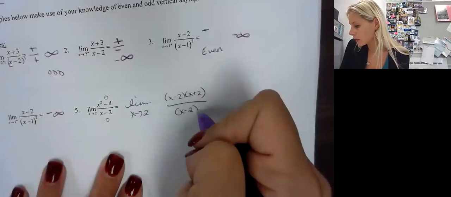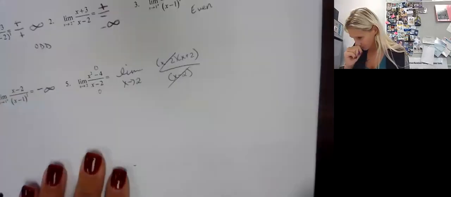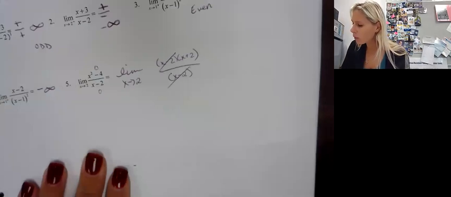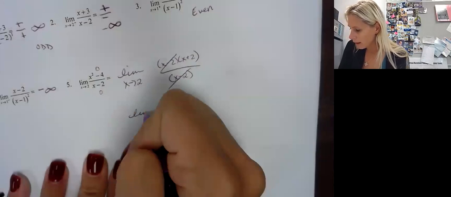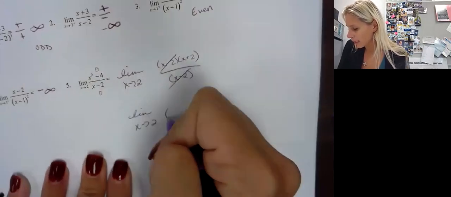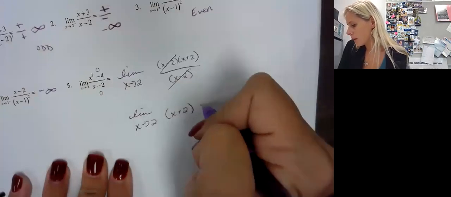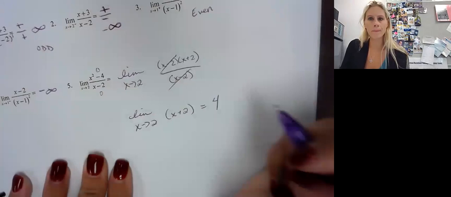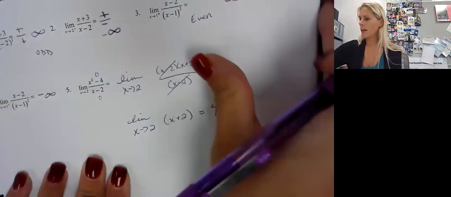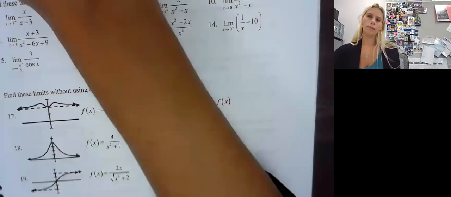What do you know? This crosses off, so that means we have a hole at 2. And so now when we plug in, we actually have our limit as x approaches 2 of x plus 2, which when we plug in now, we get 4. Okay, very good.